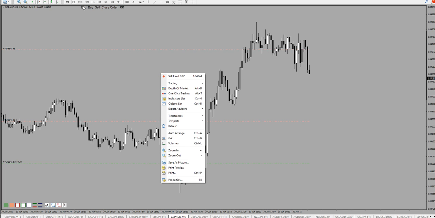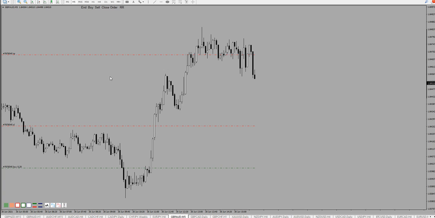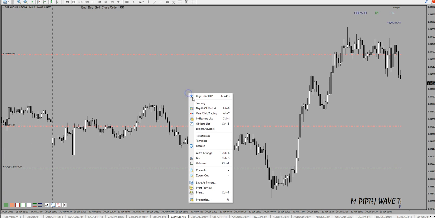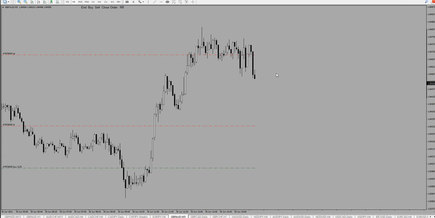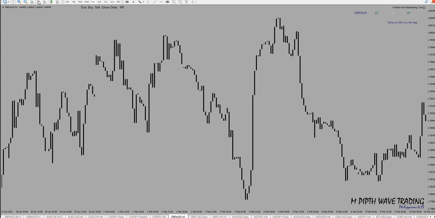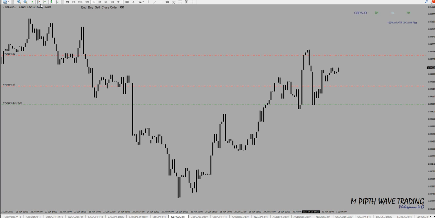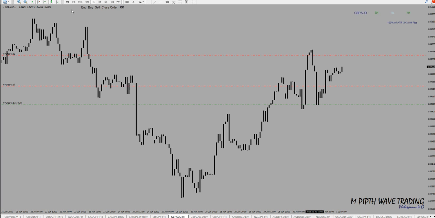Okay, so this is pretty much it. So eto na siya, no? Let me just remove yung drawing tool. So nung June 30, this is where the price was. It's not working. Why?